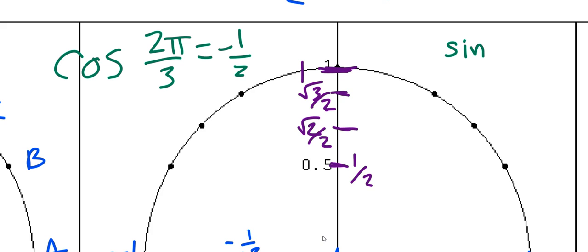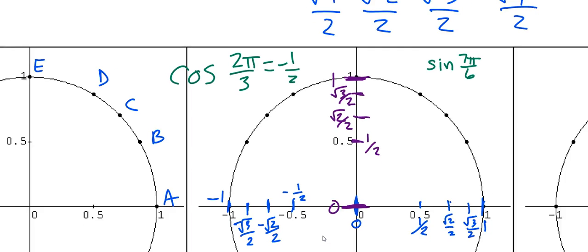Okay? I wouldn't give it to you in degrees. Why would I do that? Come on, let's get real here. Sine of 7 pi over 6. Sine of 7 pi over 6.